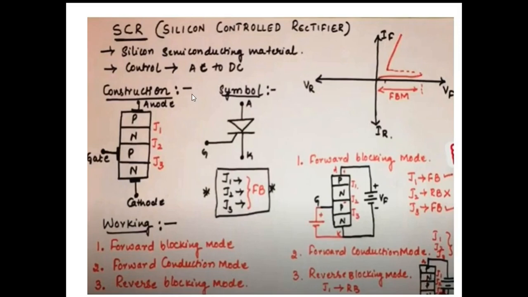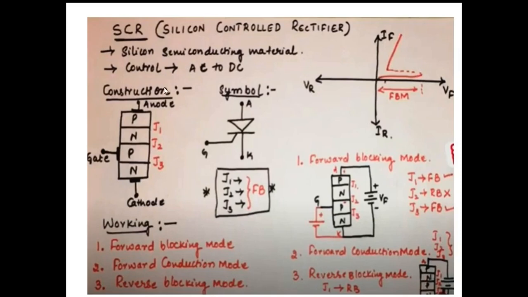The main advantage we get in the conversion process is that we have control in the conversion of AC to DC. So that extra advantage we get by using this device, and that's why it is more popular.